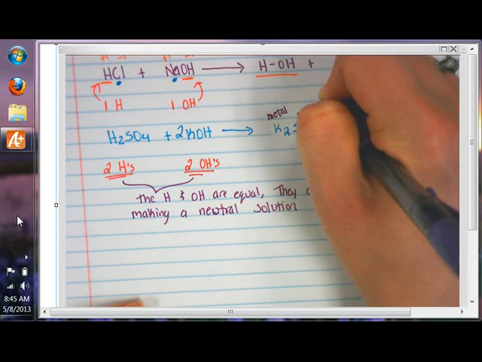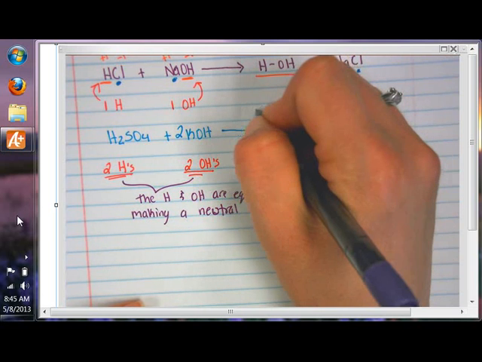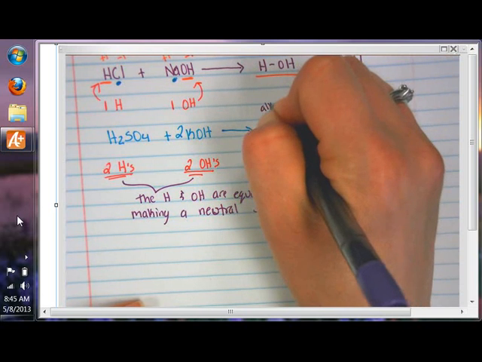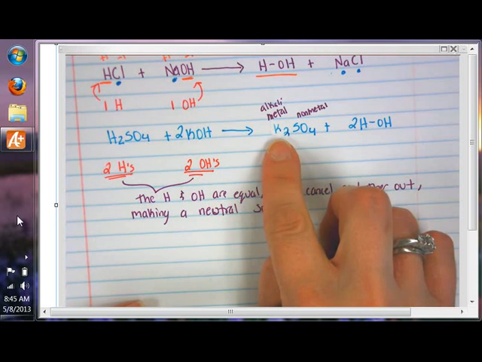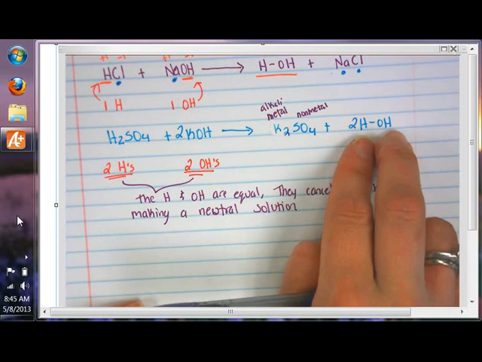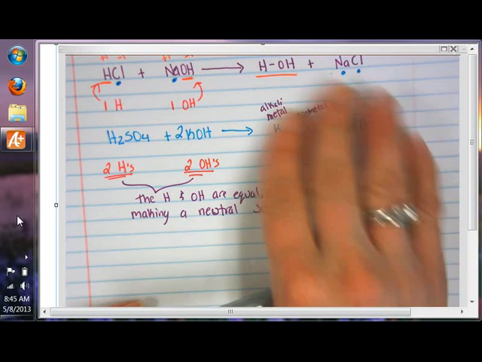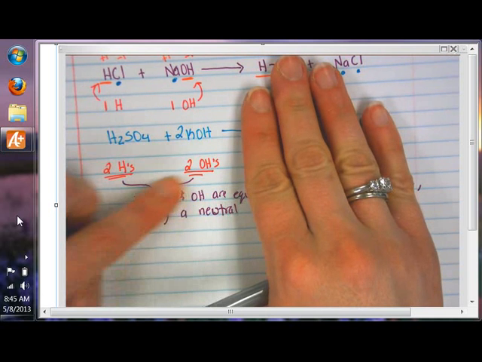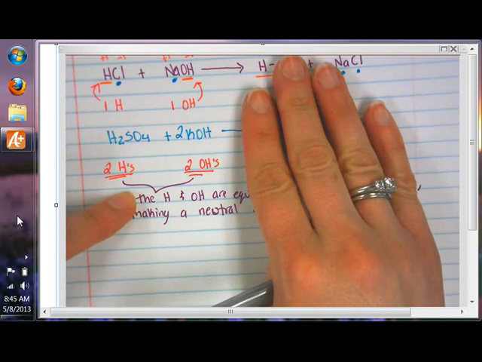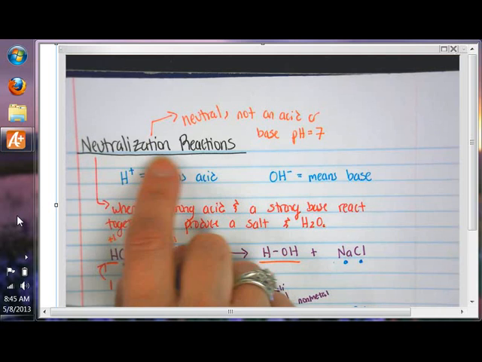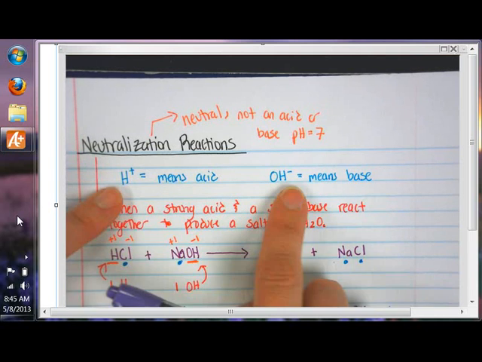Also that it's an alkali metal, the K2, and I get water. So just noticing that the hydrogens and hydroxides cancel out. That is what a neutralization reaction is. When your H's and your OH's are equal and they cancel each other out.